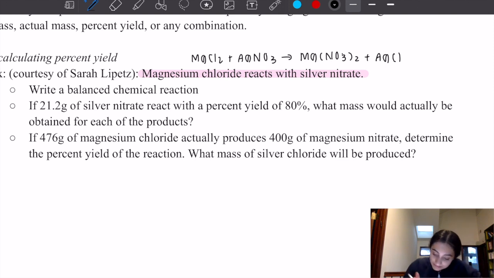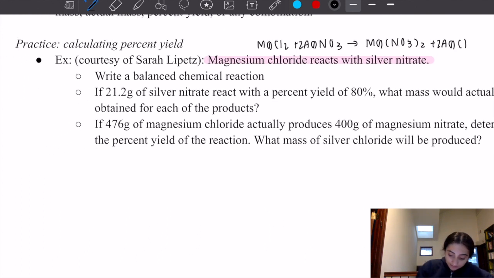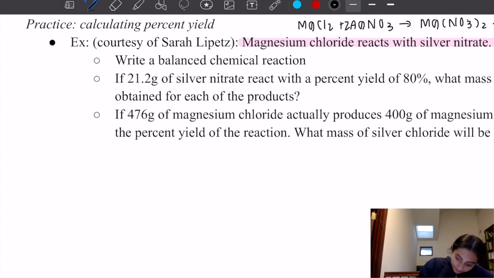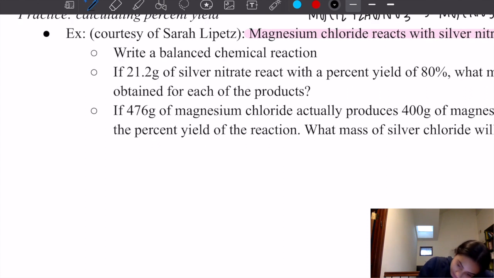Now I just want to balance it. So I'm going to put a 2 in front of the AgCl and a 2 in front of AgNO3. And then we have the same number of each element on the reactants and product side. So for this first part, I'm going to rewrite my reaction.